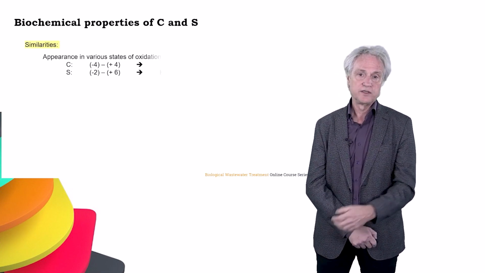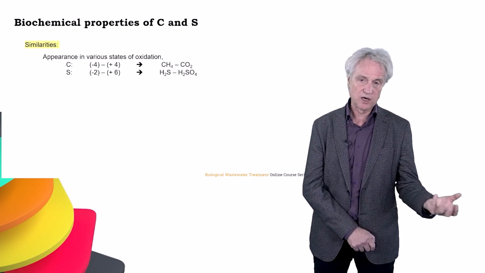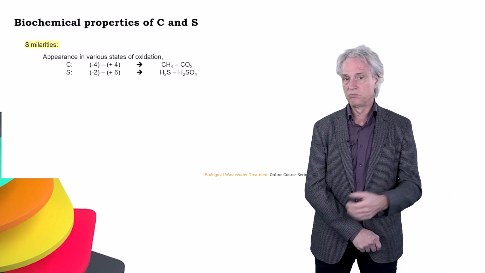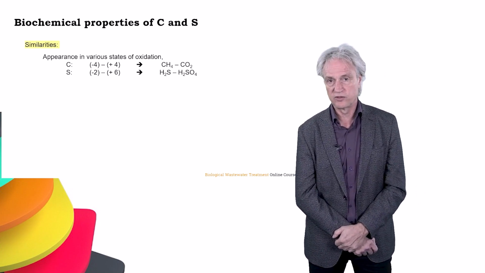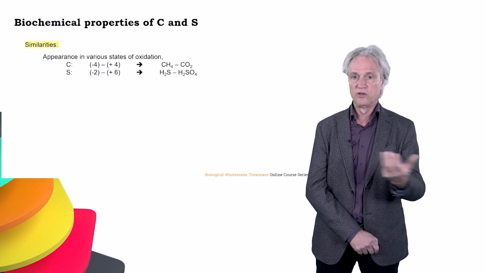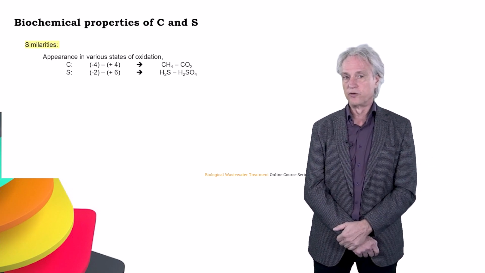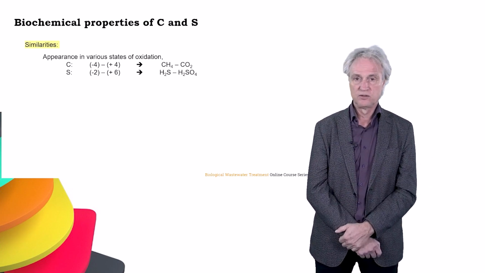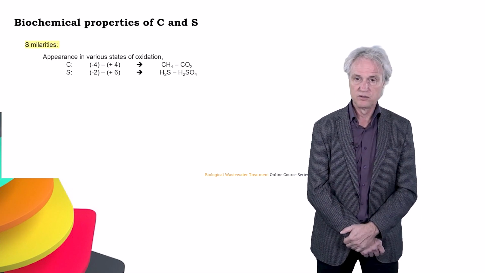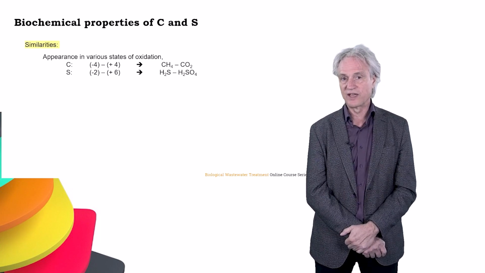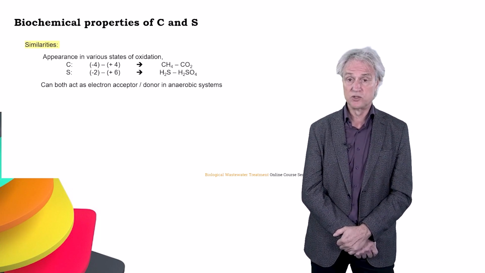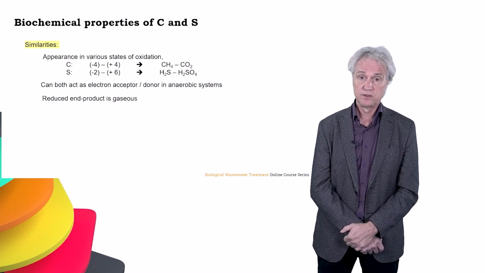And there are similarities between carbon and sulfur. First, they can appear in various oxidation states. Carbon -4 to +4, CH4, CO2. Sulfur -2 to +6, H2S sulfide to sulfuric acid. Both differ by 8 electrons. So they can both act as electron donor and electron acceptor.